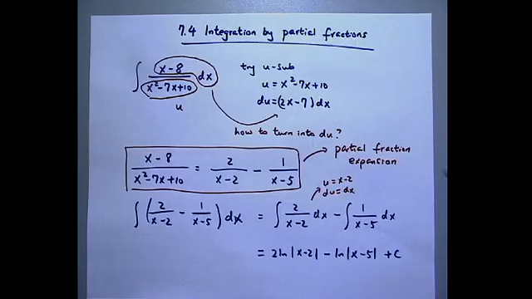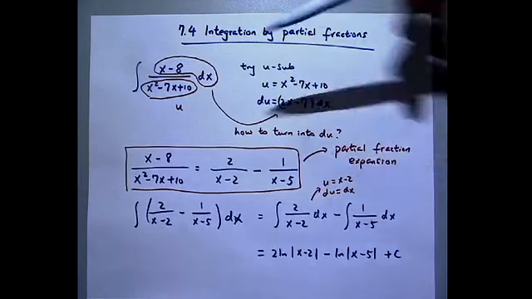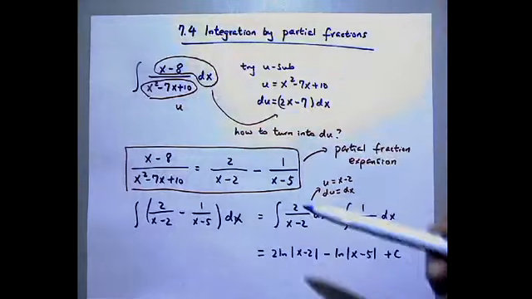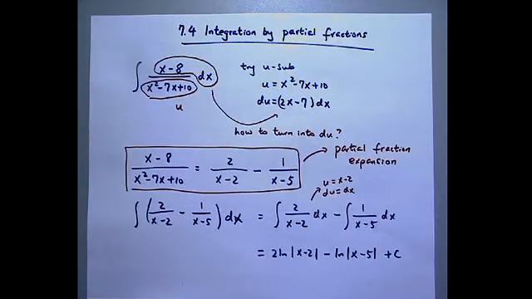Okay, so then we're going to concentrate on how we can do this, how we can break this thing that looks pretty bad into two simpler ones, and then we integrate using natural log. Okay?